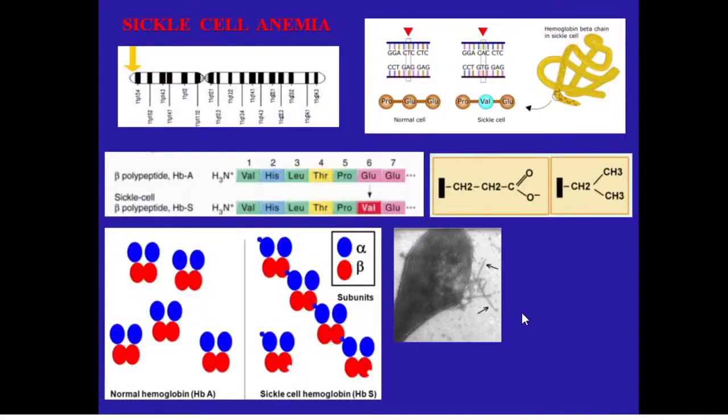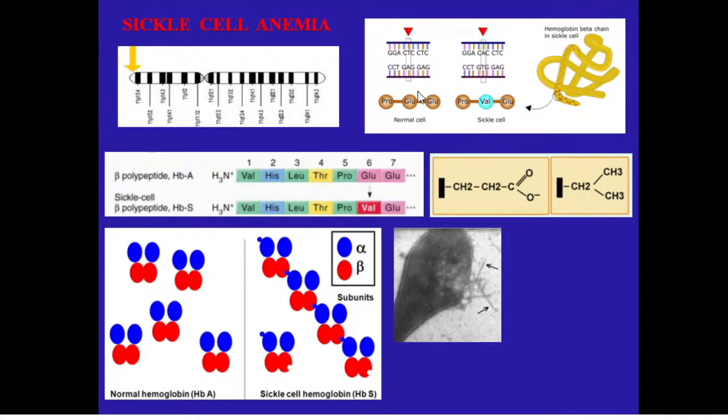Very quickly, let's repeat what defect we have in sickle cell anemia. In this disease, it was the first point mutation, missense mutation that was described clearly, and the mechanism of disease was known very well. Only one amino acid change in beta subunits in the 6th position.